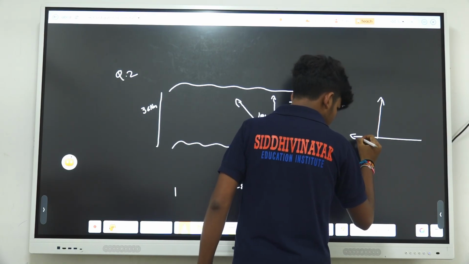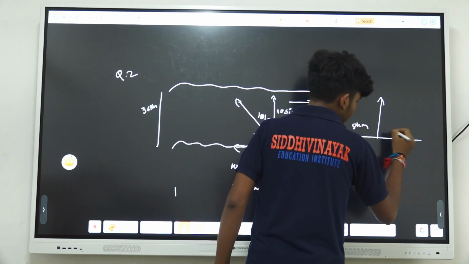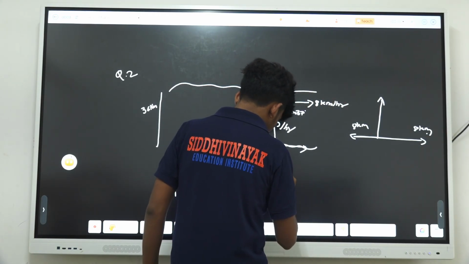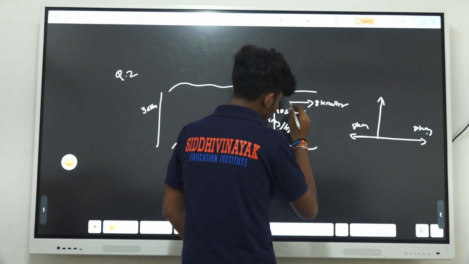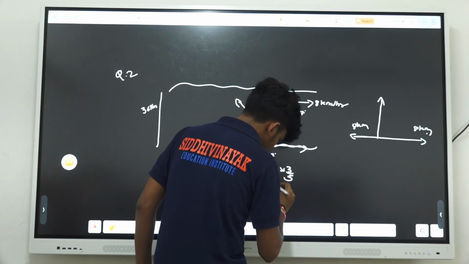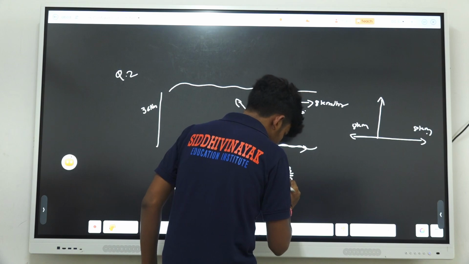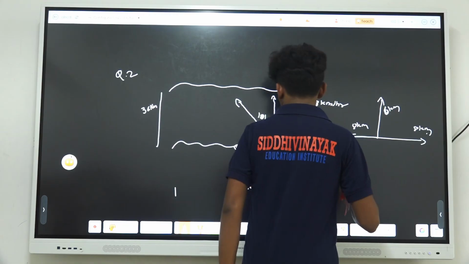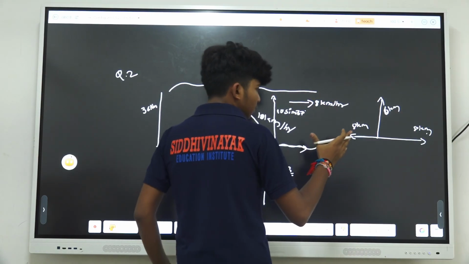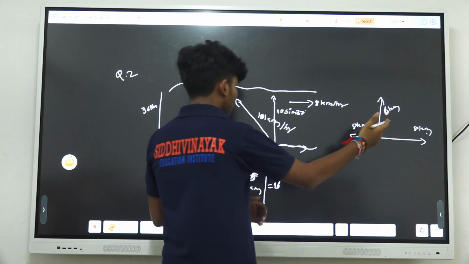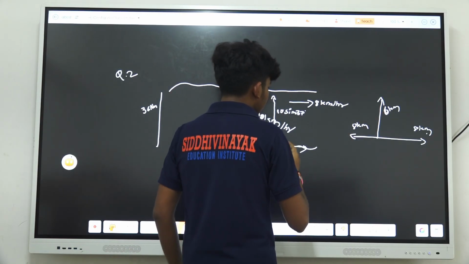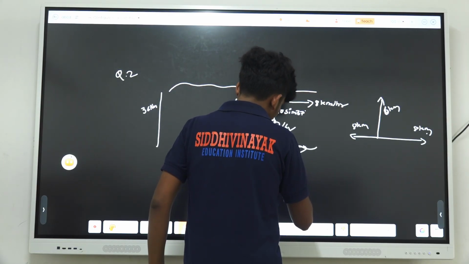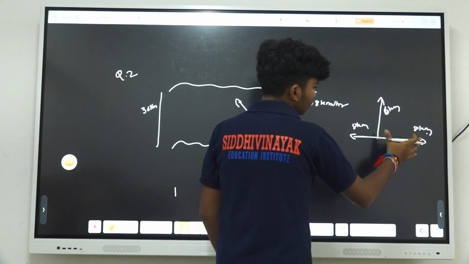The speed of the river is also 8 kilometers per hour. In the upward direction he swims 10 into 3 by 5, since sin 37 is 3 by 5, which is 6 kilometers per hour. Both speeds along the river are the same, so the person will not drift. He would start from point A and reach point B.